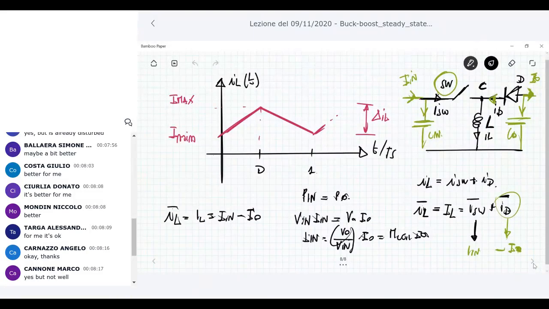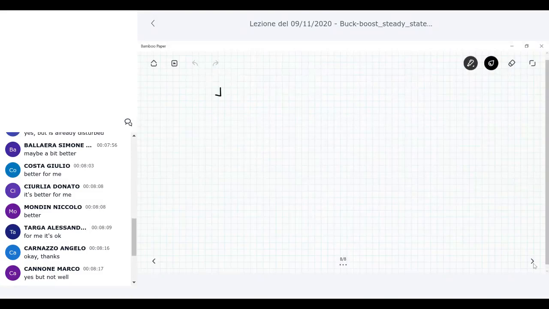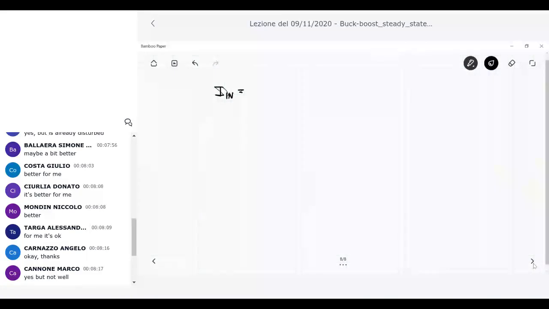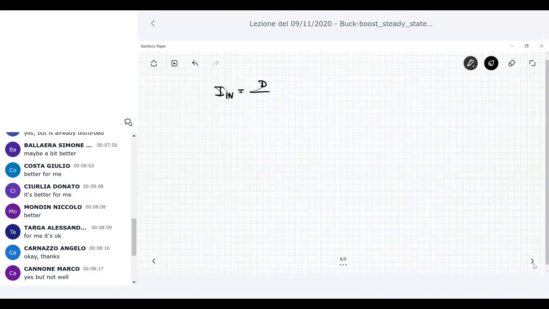So let me write this condition here. I in is equal to D over D minus 1 times I naught. Okay.